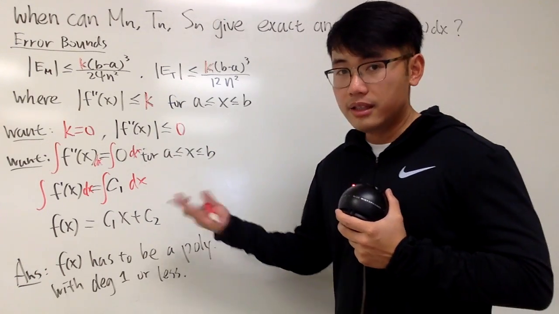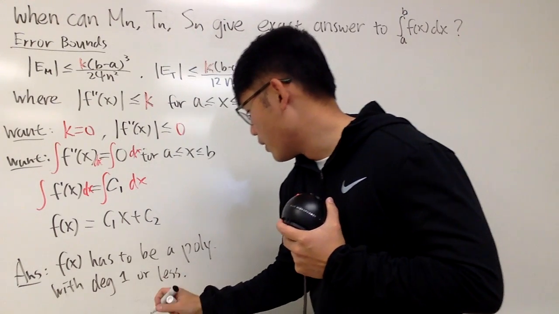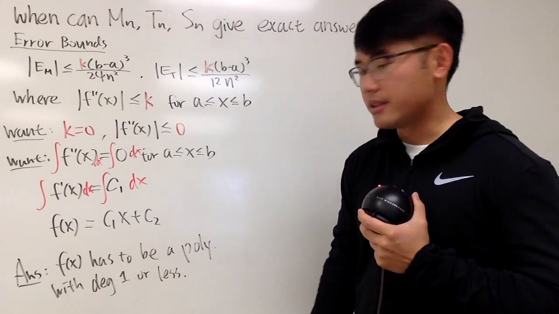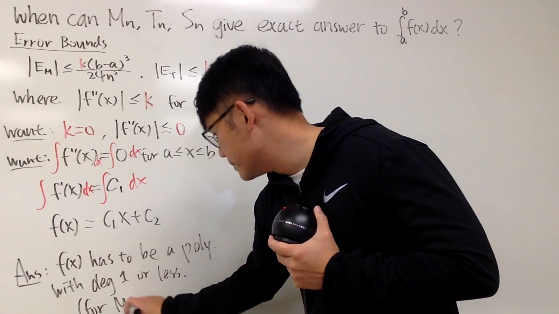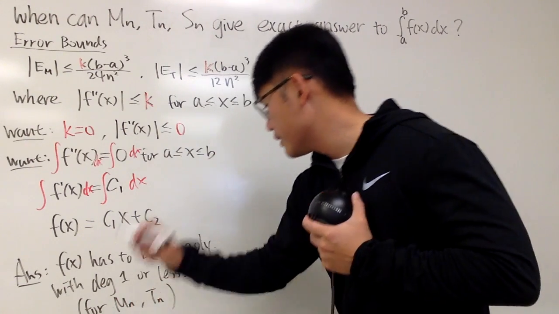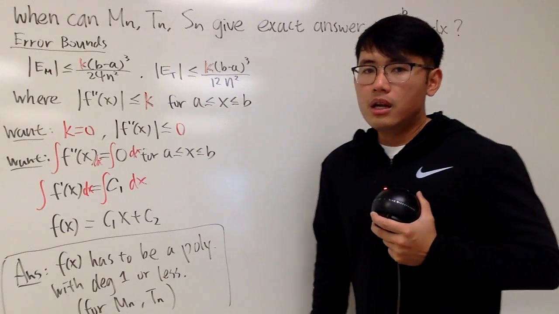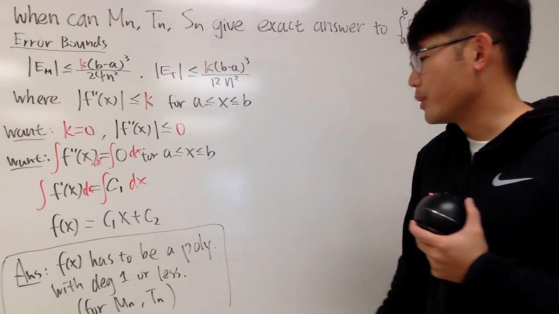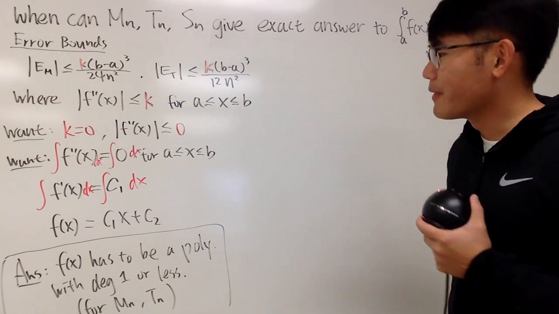And this right here will guarantee that Mn and Tn will give you an exact answer. So this right here is the answer for that. And of course, you can also say linear function if you would like, but I will also say polynomial with degree 1 or less, because I'll be using similar language for later on.